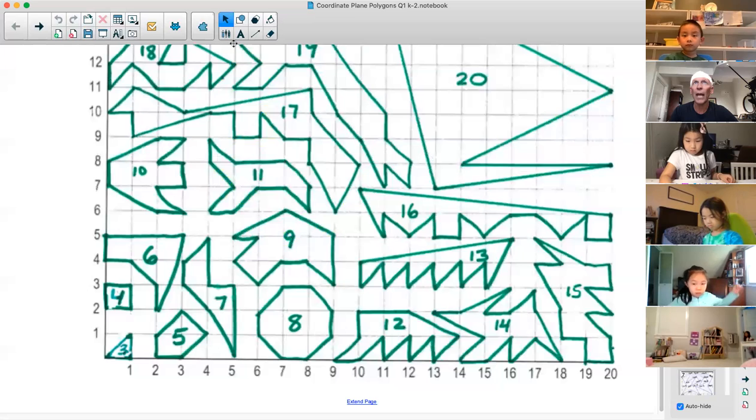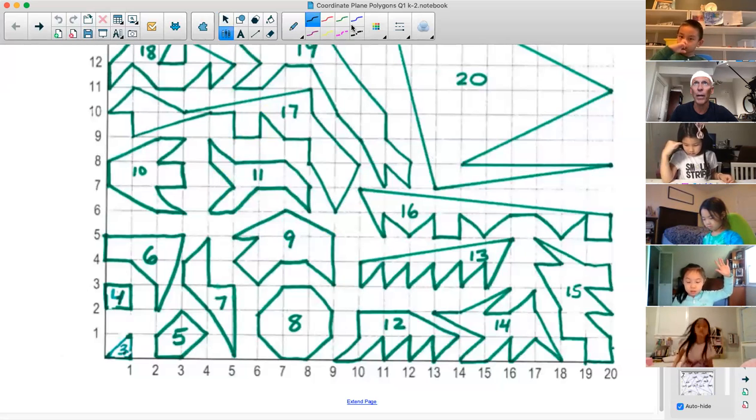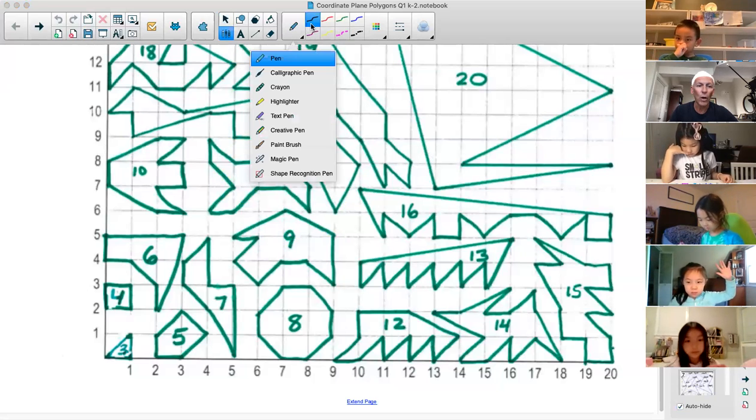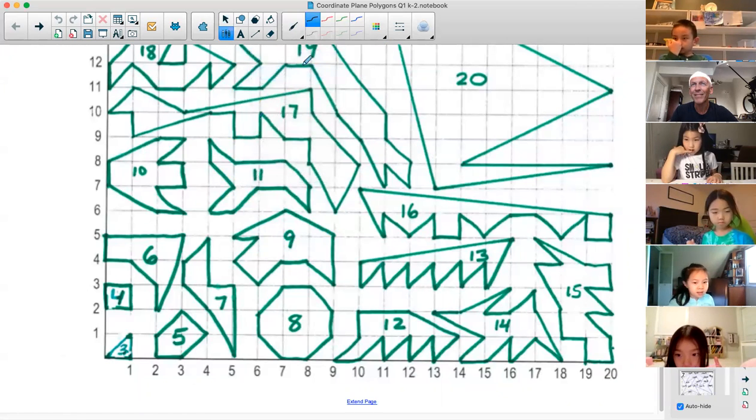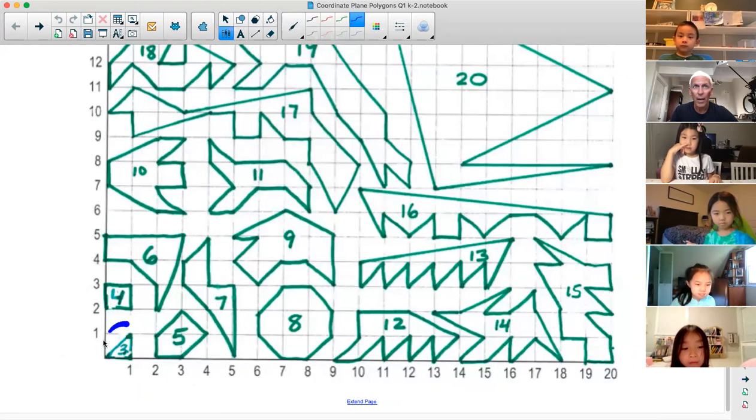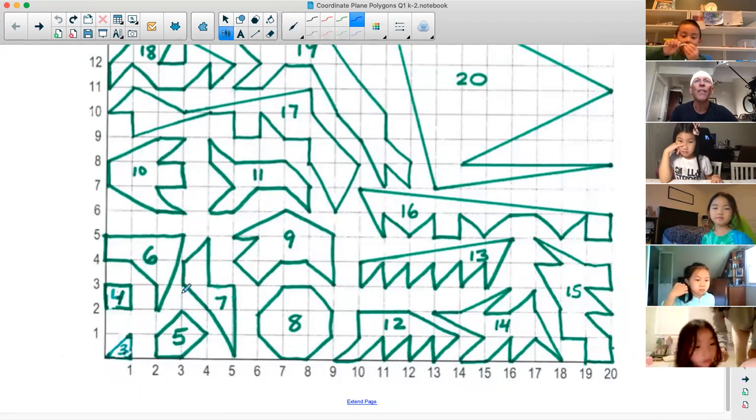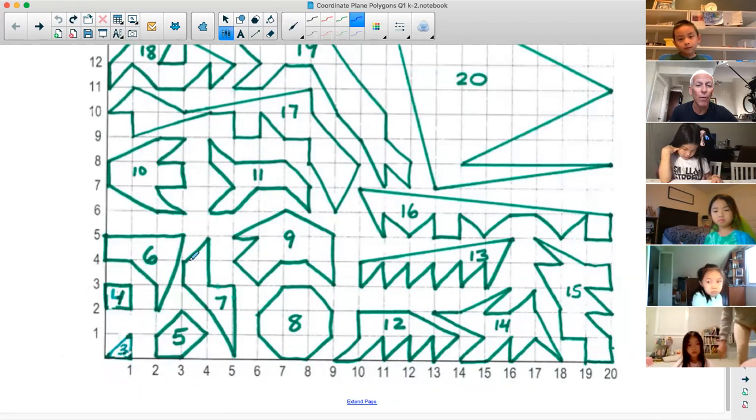And just raise your hand because I can see everybody here. And go ahead, Stella. Maybe the one on the left bottom. Do you guys think that's a triangle? Valerie, why is that a triangle? Because it has 3 sides. That's right. That is the definition of a triangle.